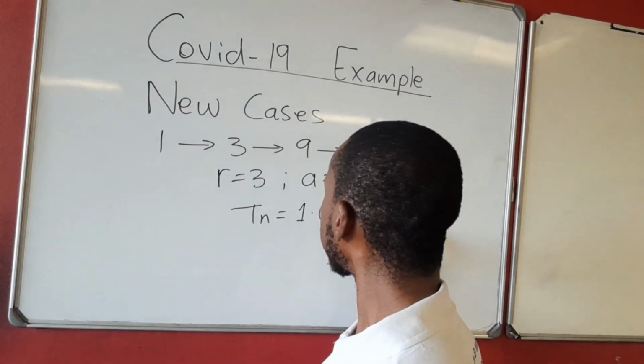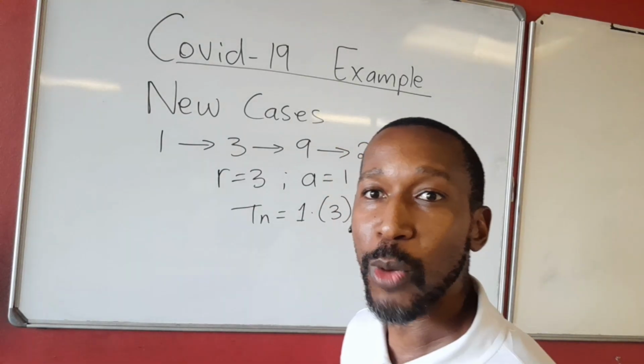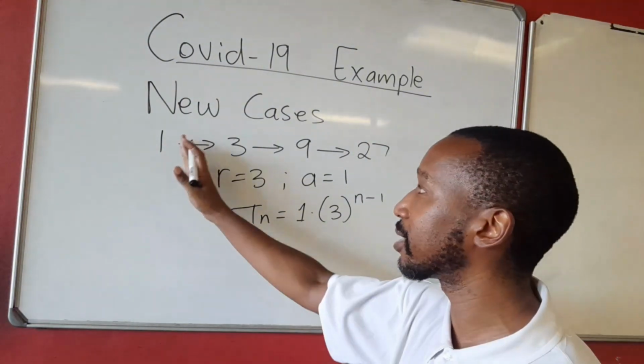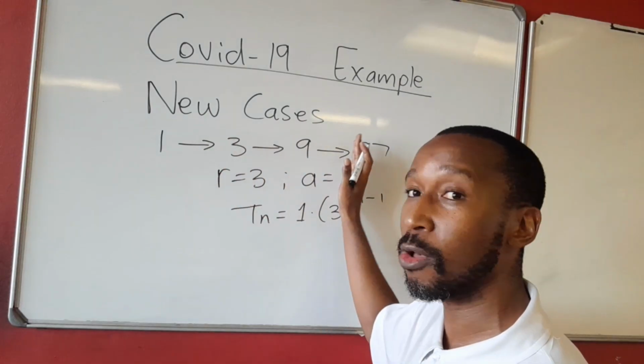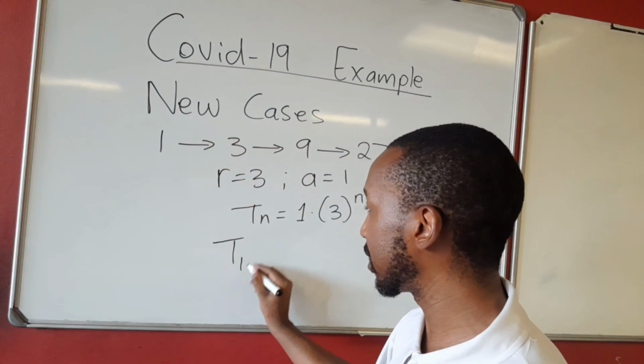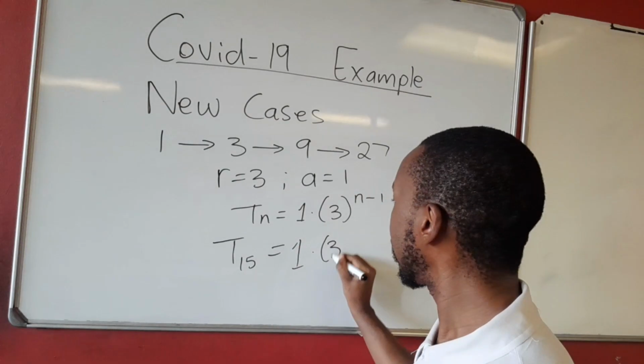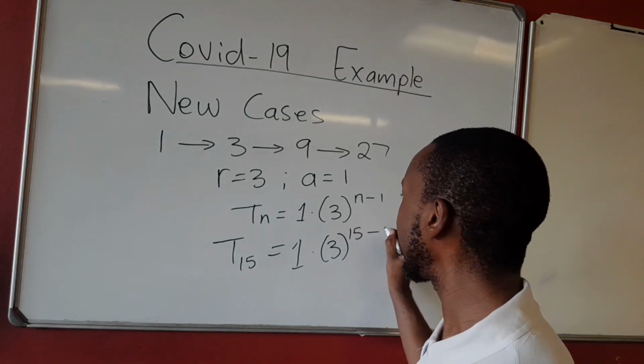Now, please look at what would happen after 15 days. Say that this is day 1, 2, 3, 4. After 15 days, we have this particular number here.